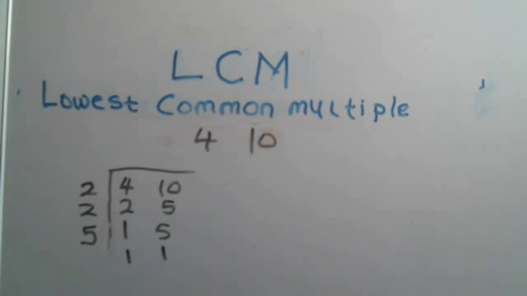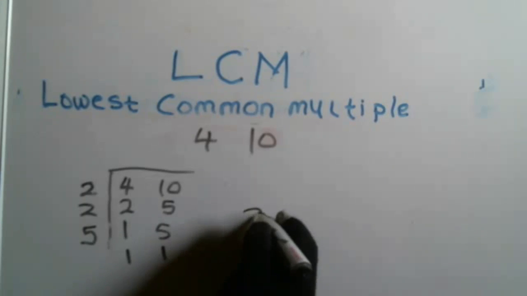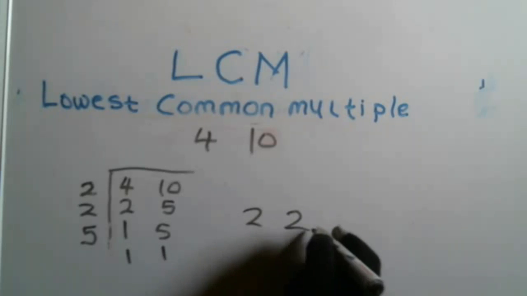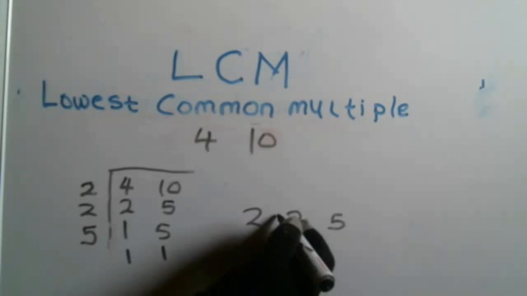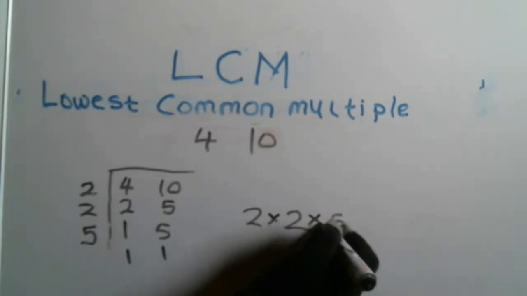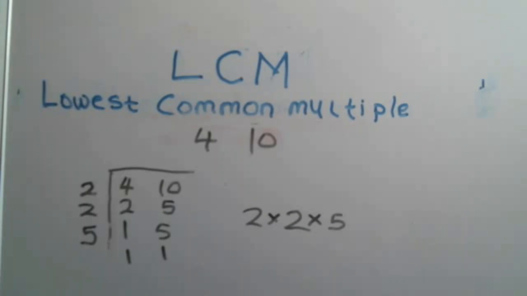So now we go to the numbers that we generated from this procedure. And what are the numbers? 2, 2, and 5. So what do we do with these numbers? We multiply them by each other to get the LCM.